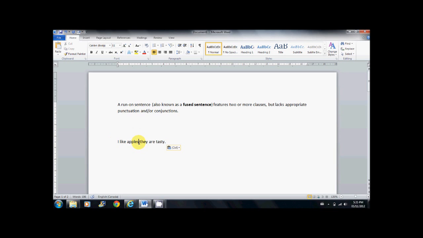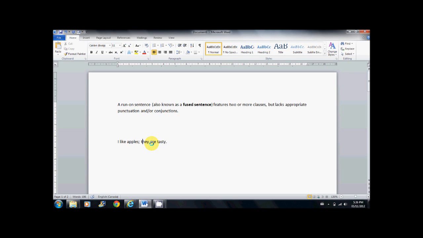So there are numerous ways we could fix this fused sentence. The easiest way, if you see a fused sentence, to fix it is simply to change it to two separate sentences. So, "I like apples. They are tasty." This is no longer an example of a fused sentence. Other ways we could fix this problem, we could use a different kind of punctuation, perhaps a semicolon.